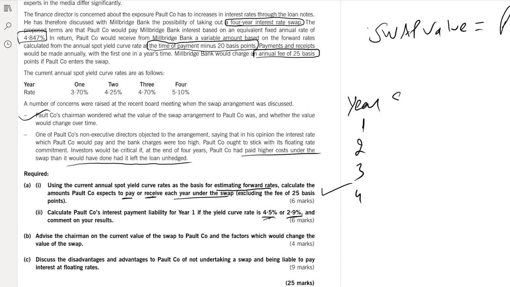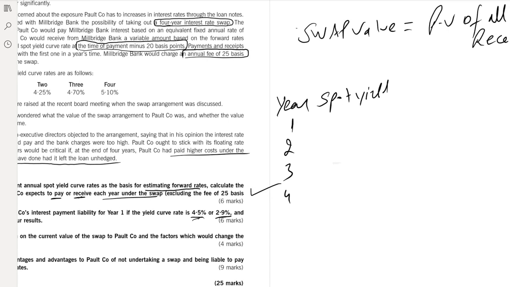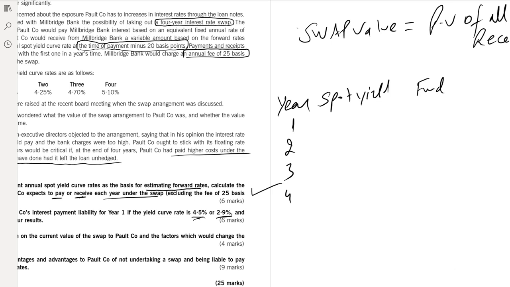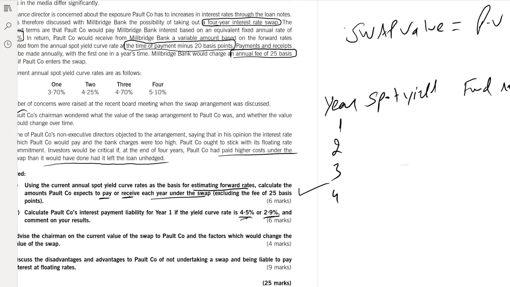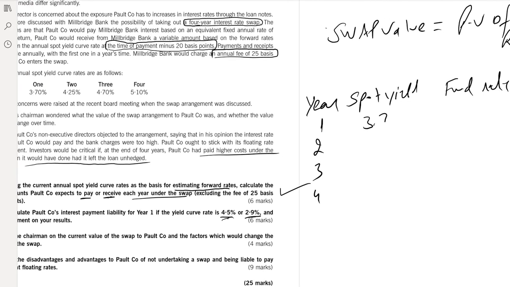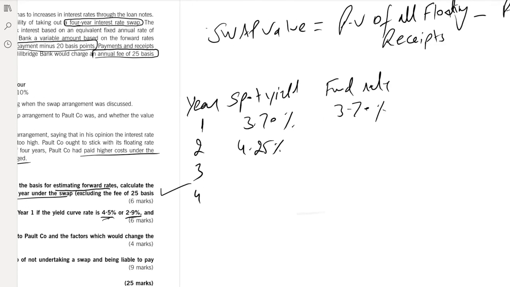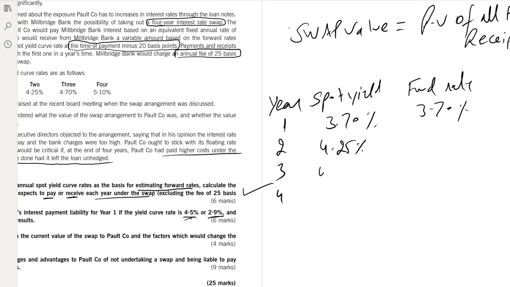These are the 4-year spot yield and forward rate. First year spot yield is 3.7% and the forward rate is the same. Second year spot yield is 4.25% and, let's write all.